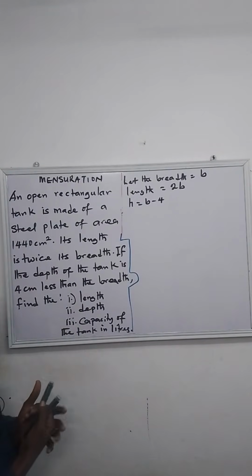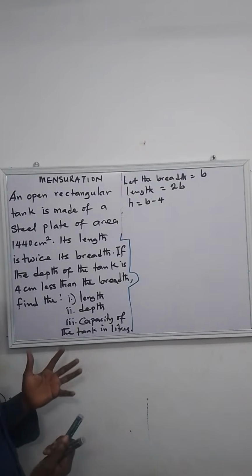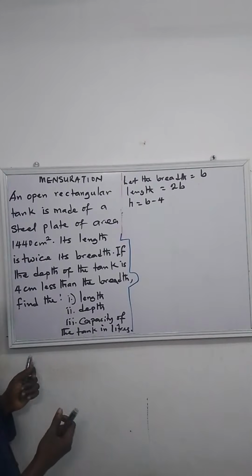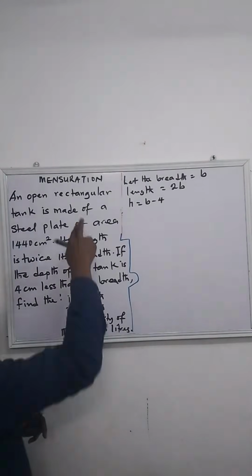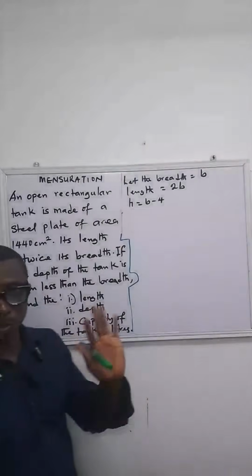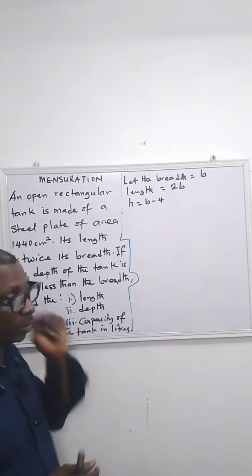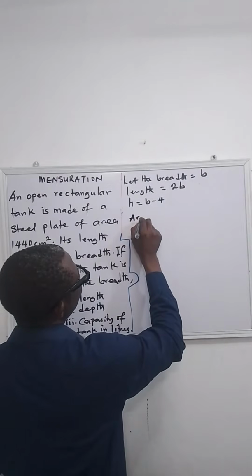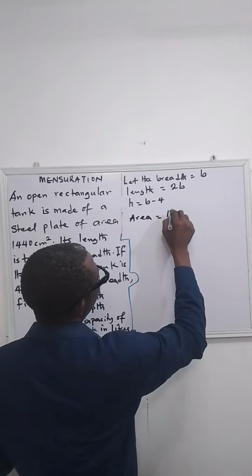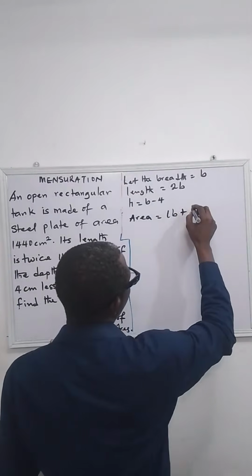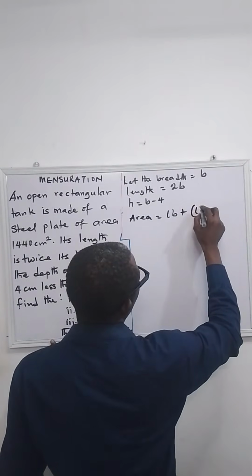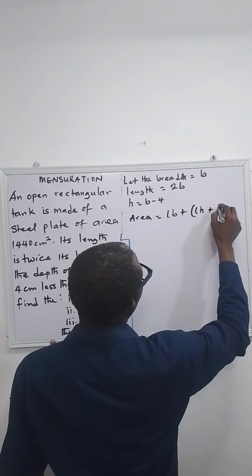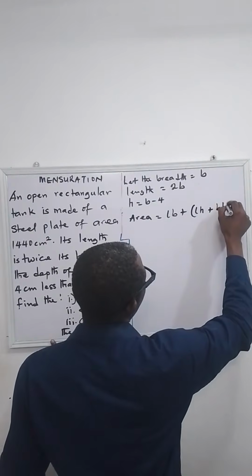So now let us use the formula for finding the area of a rectangular cuboid. So how do we do that? We have area equals LB plus LH and plus BH.